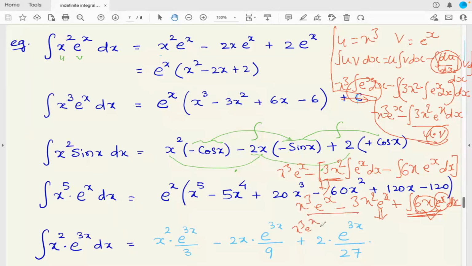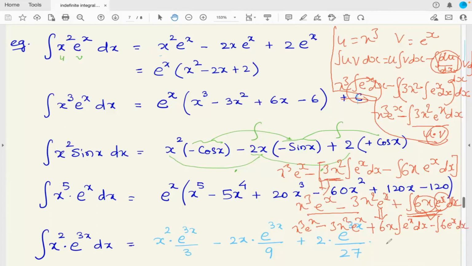These all are the same: 3x square e to the power x, and plus we have to take 6x outside the integral, and again we have to integrate e to the power x dx, and then minus we have to do the differentiation of 6x, so it will be 6 e^x dx, right?